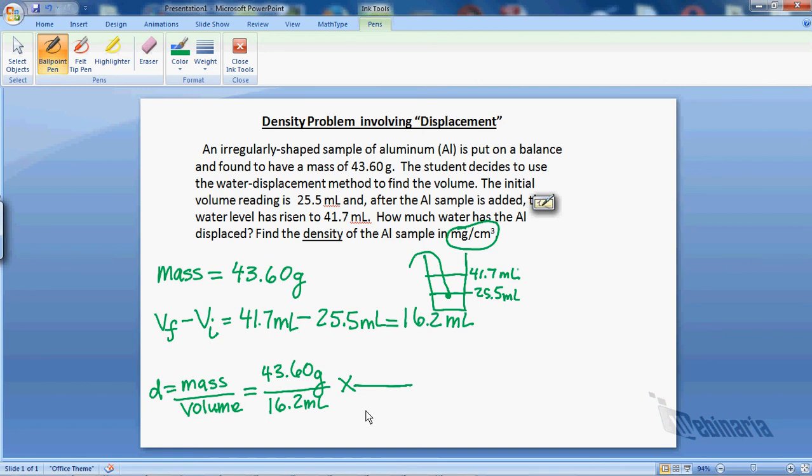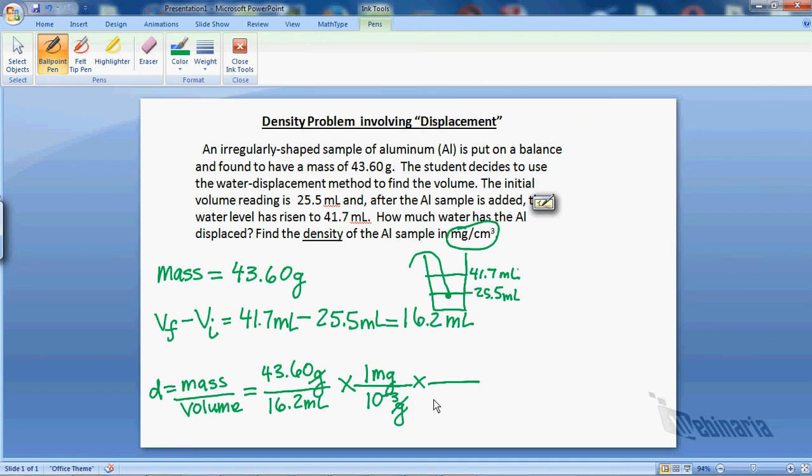So we want to get rid of grams here, and we want to keep milligrams in the numerator. So we can say 1 milligram, 1 always going with the prefix, equals 10 to the minus 3 grams. So that will allow grams to cancel out, and what we're left with is milligrams per milliliter. But the problem asks for milligrams per centimeters cubed.